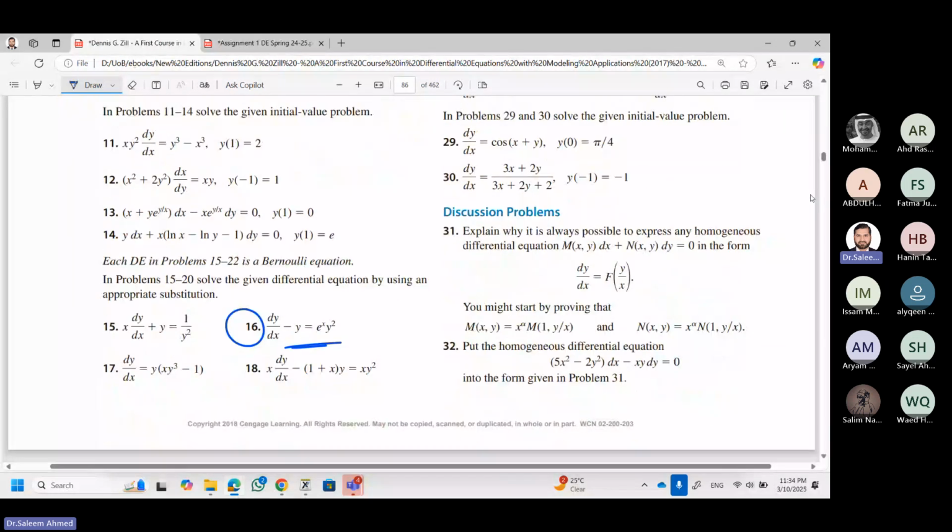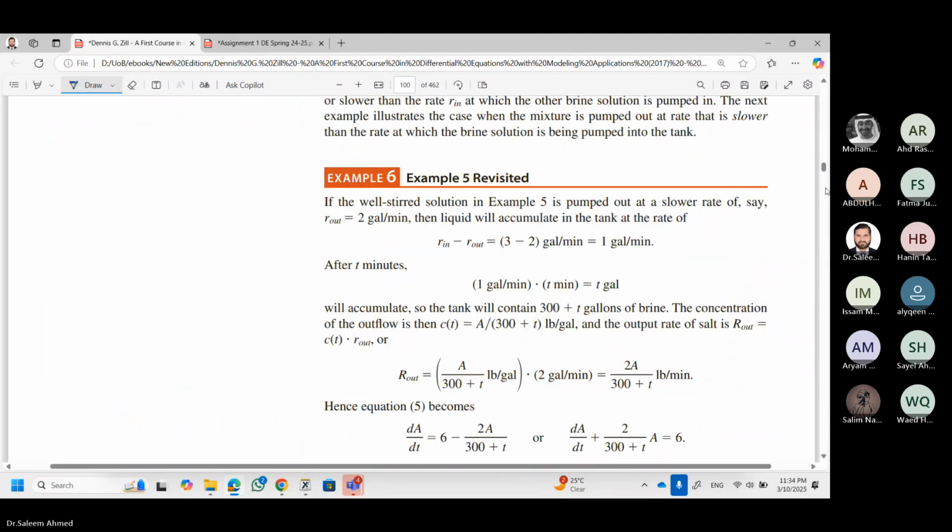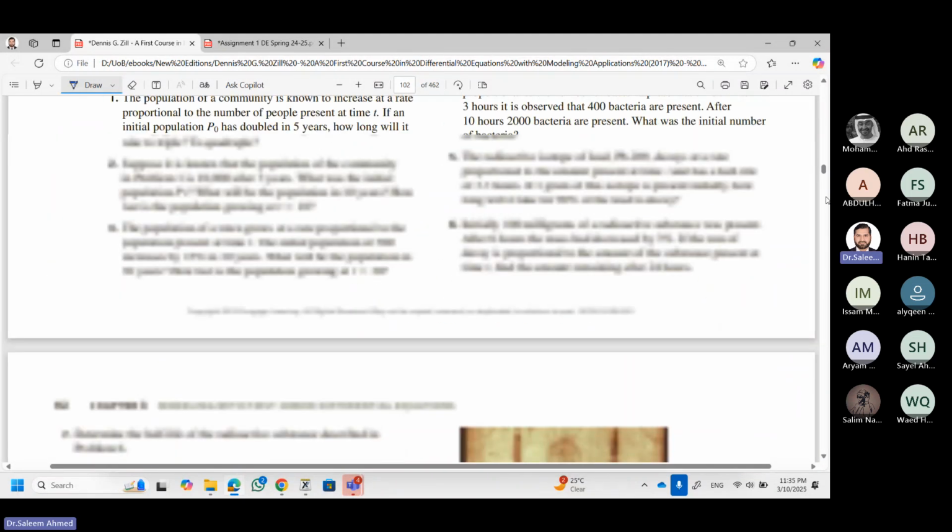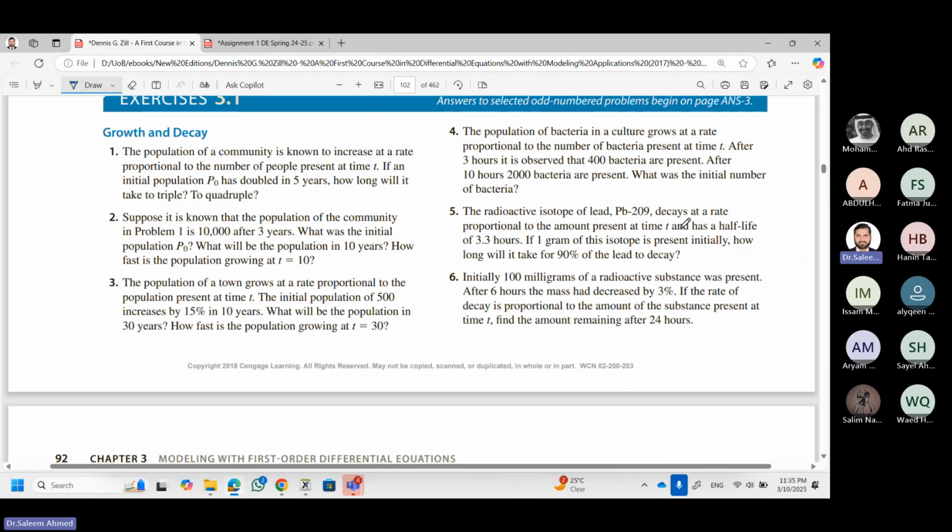So in 3.1, you can just concentrate on growth and decay. Let's say this question, right? Population grows, the initial population increased by this one. Yeah, just concentrate on growth and decay.